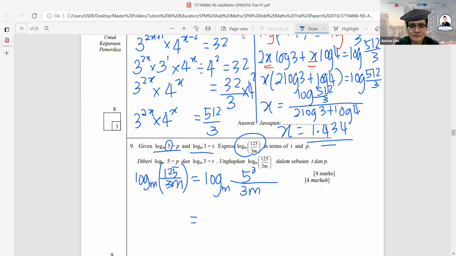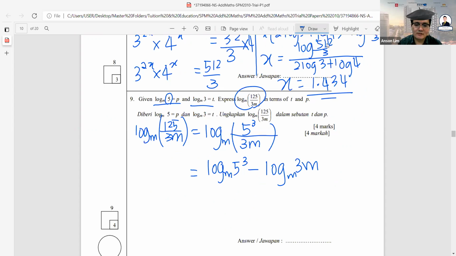Your job, you can split the log into how many logs? Inside is divide, so split into 2 logs, become minus. And then you have to replace. Log m 5 is what? P. This one, log m 3m, can you see or not?